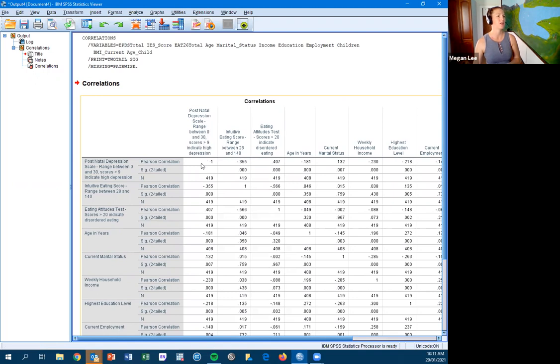It has a correlation of 1, which means correlations range anywhere between -1 and 1. A correlation of 1 means there's a perfect relationship between the two variables. That makes sense because depression would have a perfect relationship with itself. So it's got a 1. Anything between 0 and 1 or 0 and -1 tells us the strength of the relationship between two variables.